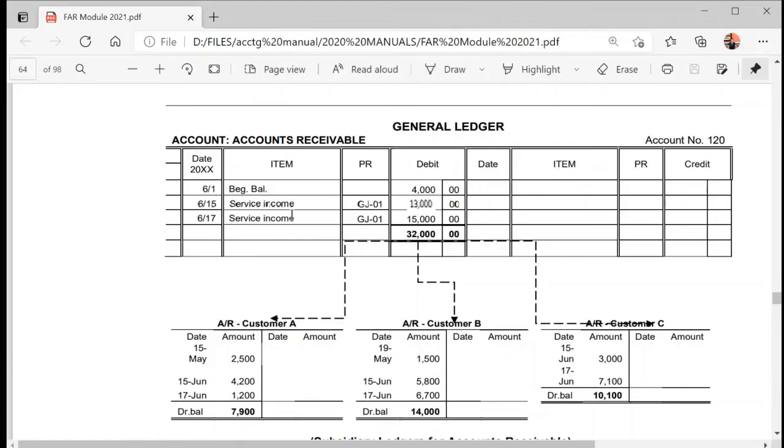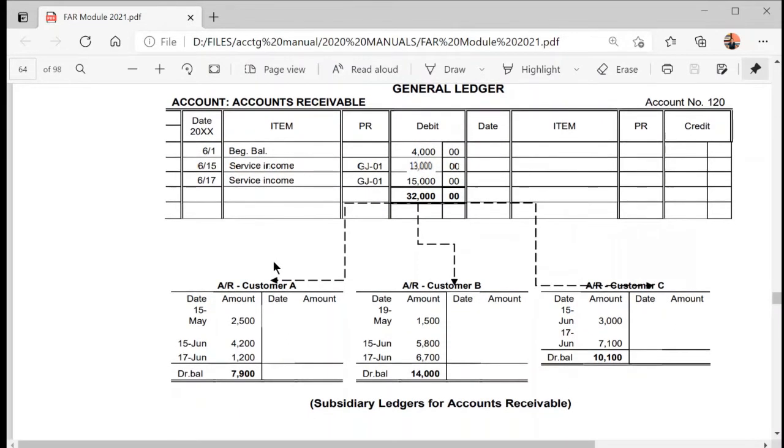So that is why there is a subsidiary ledger. It will provide the details of the accounts for a particular customer for the accounts receivable.